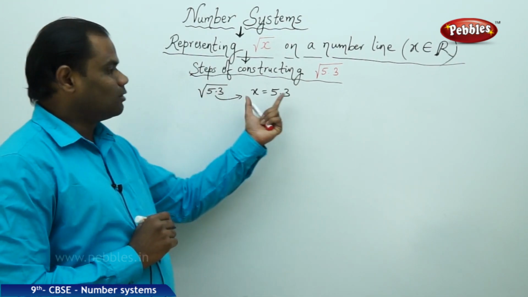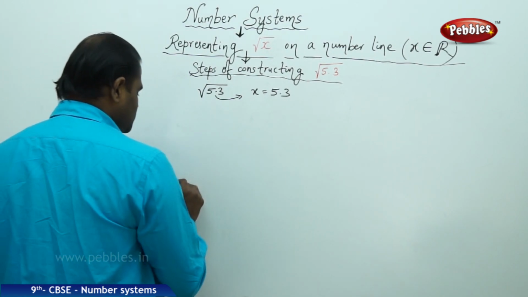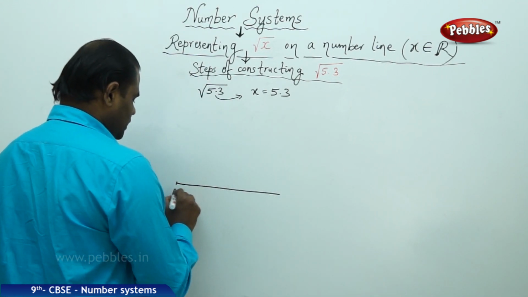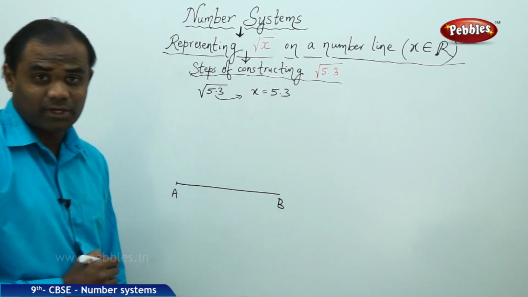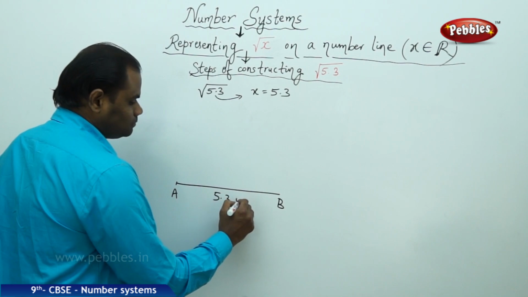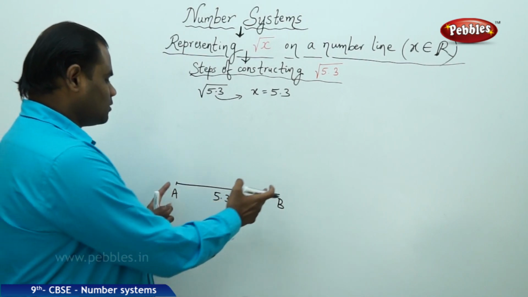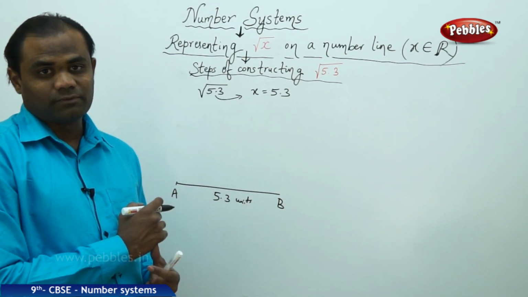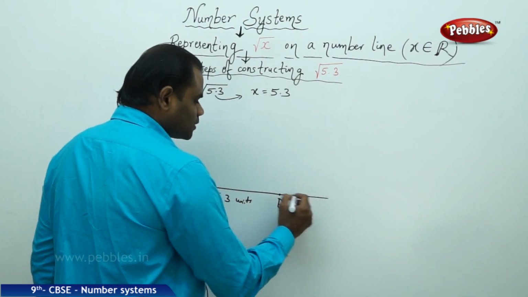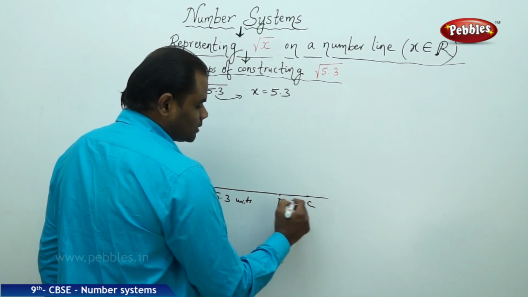So we first pick the value of x, and then in step 1 of the construction, we take the distance 5.3. So let AB be the base constructed with exactly 5.3 units. It can be centimeters, it can be meters, but take the measurement of 5.3 as the base AB. Extend this line so that we take the distance of 1 unit and cut on the number line.